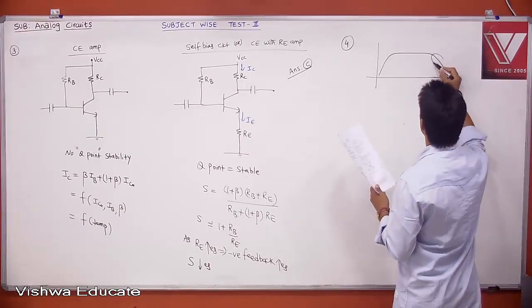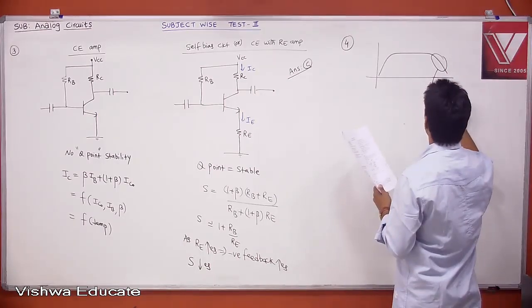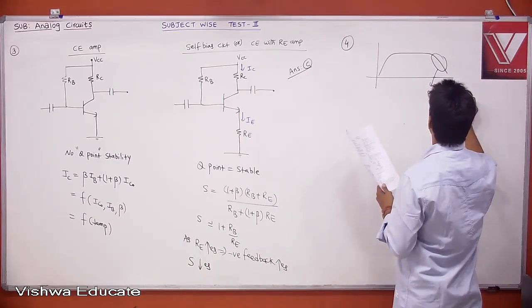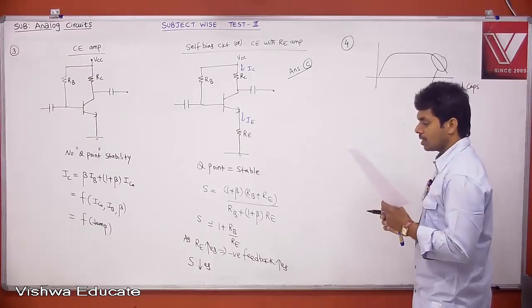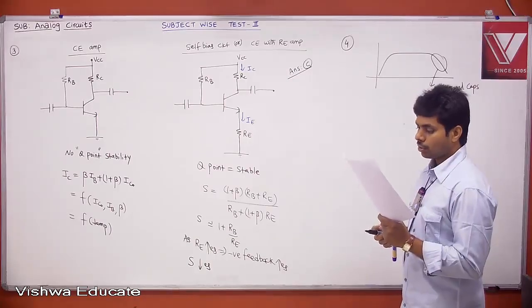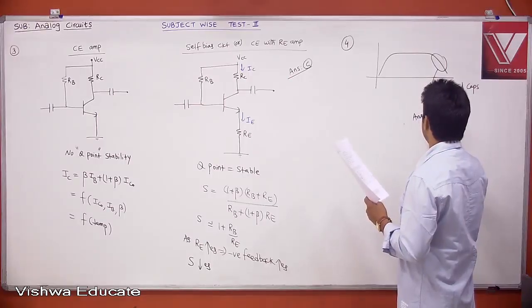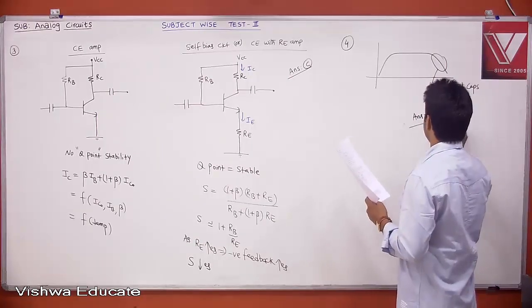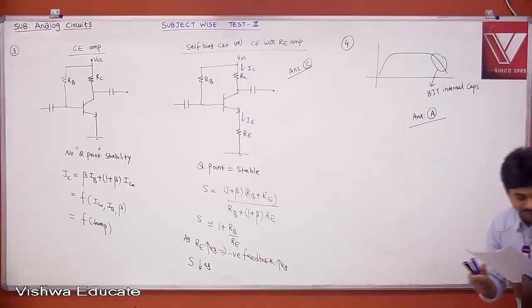Therefore, at high frequency, due to internal capacitances, the BJT's internal parasitic capacitance. Therefore, what is the answer? Transistor capacitances. High current effects in the base, no. Parasitic inductive effects, no. Early effect, no. The answer is A. We had seen this, right? Fine, take it. Then after that we will see problem number 5.